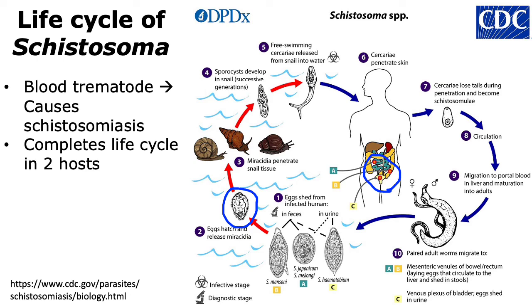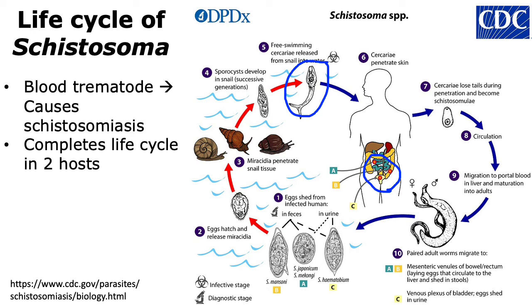These larvae then penetrate into the tissue of snails, where they undergo further development. These include the formation of sporocysts and ultimately another larval form that has the ability to be released from the snails into the water.